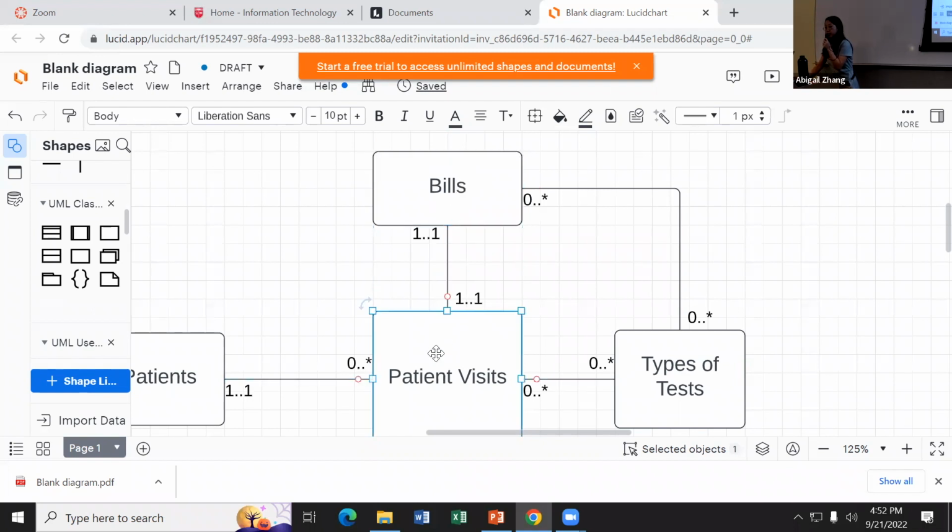They represent the same thing. First of all, they have one-to-one relationships. And second, they have the same kind of relationship with types of tests. Bills and tests is a many-to-many relationship, and patient visits to types of tests is the same many-to-many relationship.